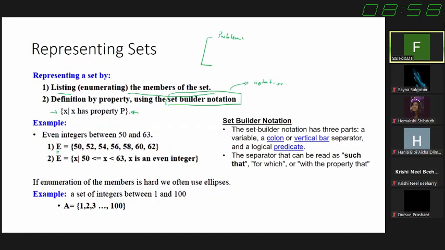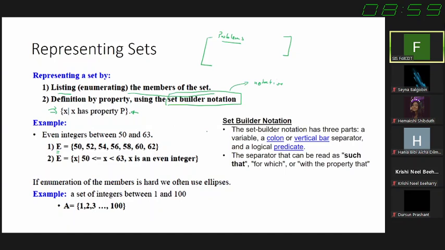Problems could be in the form of a game, or in terms of IT, or anything that you can think of that could be a problem. Then you'll be asked to formulate this problem using sets, using set builder notation. So you have to formulate the problem using these methods. Even integers between 50 and 60.